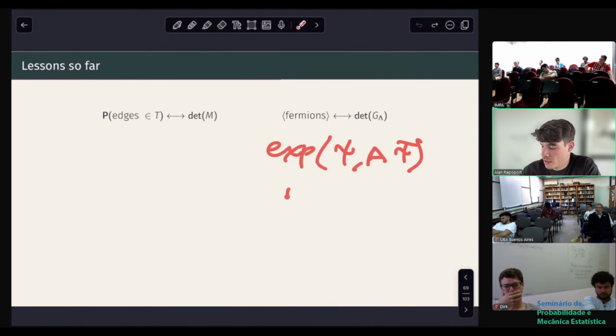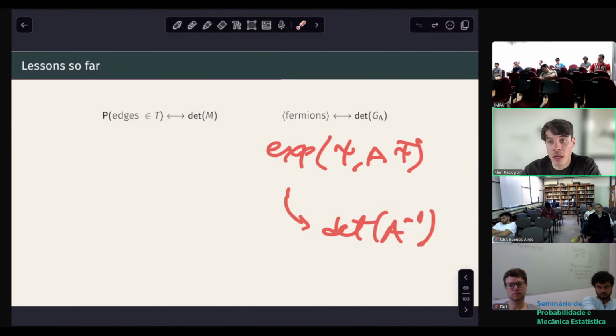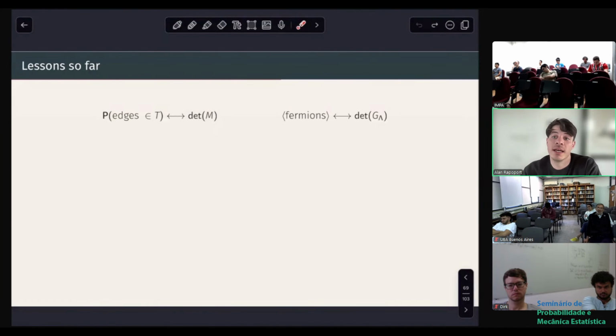Then I told you that you obtain something like the determinant of A to the minus 1. So basically, if we now introduce delta as that A, delta to the minus 1 is G, which is a Green's function. So all this goes to show that taking mean values of fermions is related to taking determinants of the Green's function.